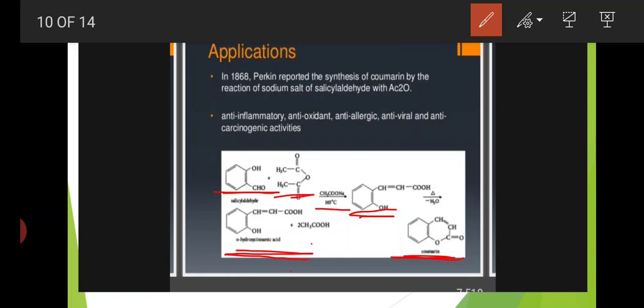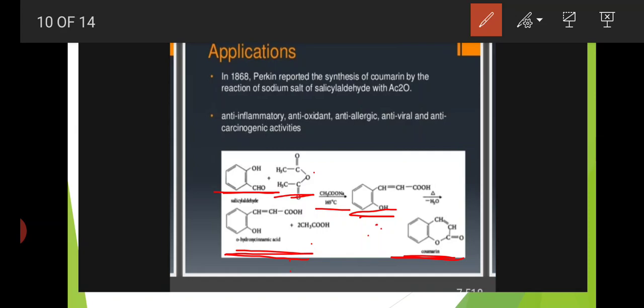Okay, here orthohydroxy cinnamic acid is formed when salicylaldehyde reacts with acetic anhydride in the presence of sodium acetate. It is converted to orthohydroxycinnamic acid.